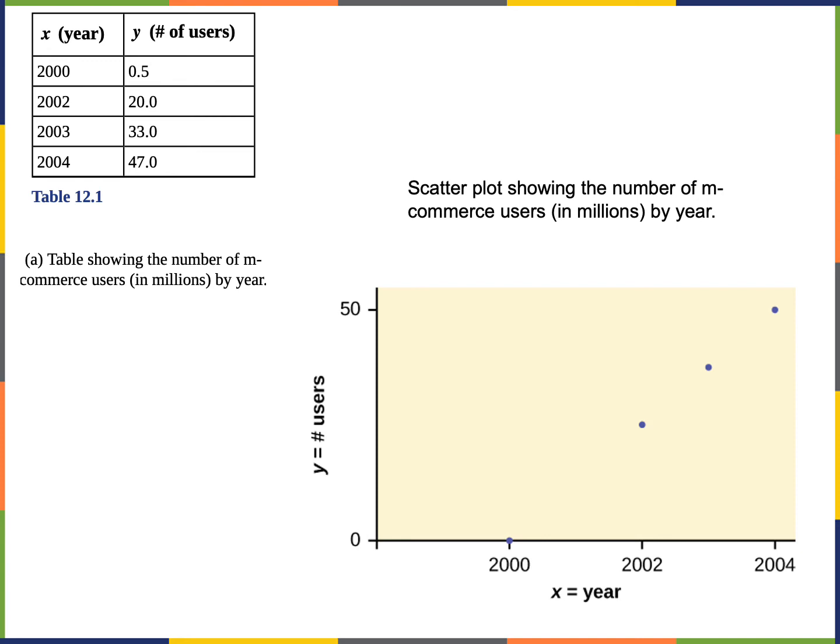At 2002, there was 20 million, so it's about here, less than half, just a little bit. At 2003, which would be in between 2002 and 2004, of course, the number of users is 33 million, so it would be a little higher. And then finally, at 2004, the number of users is 47, and as you can see, it's very close to the 50 mark.